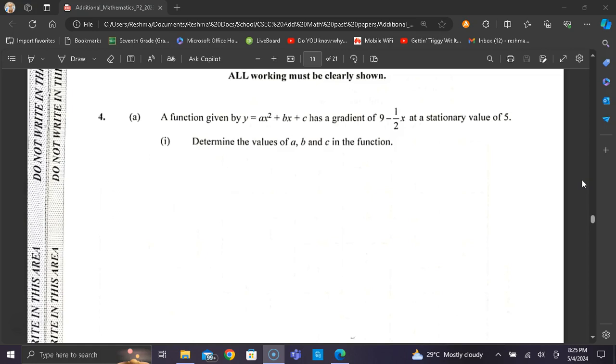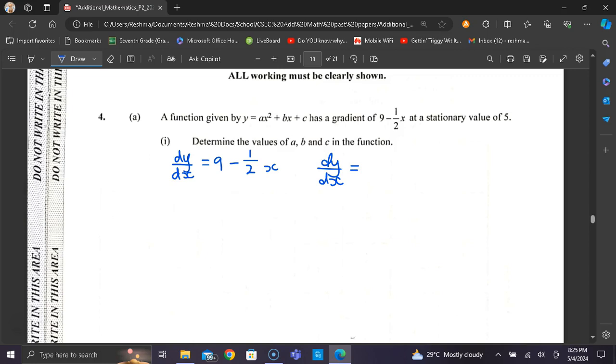So the gradient 9 minus a half x will be the gradient function for dy dx. Therefore dy dx is equal to 9 minus a half x. Now, we could also differentiate our function y is equal to ax squared plus bx plus c in terms of x.